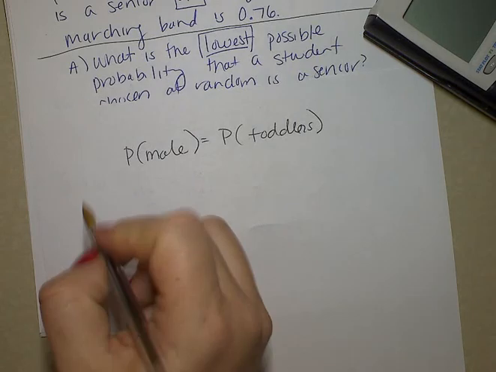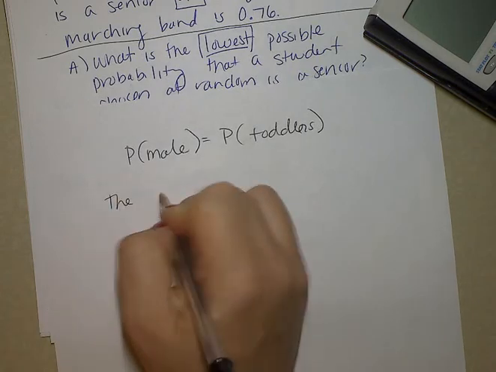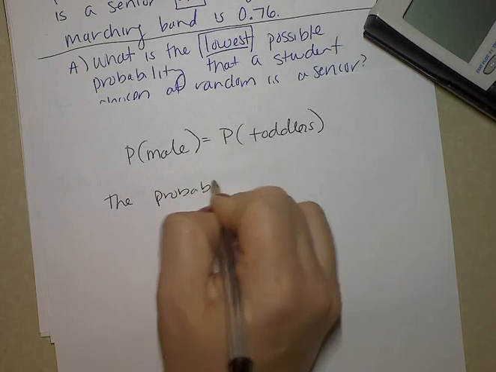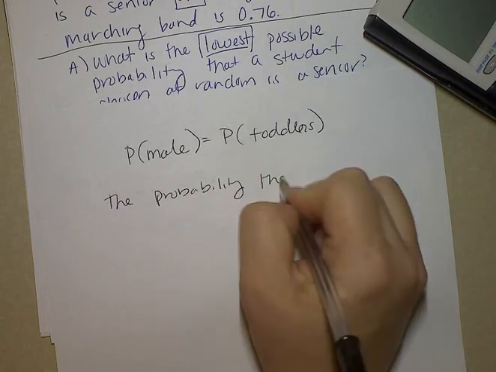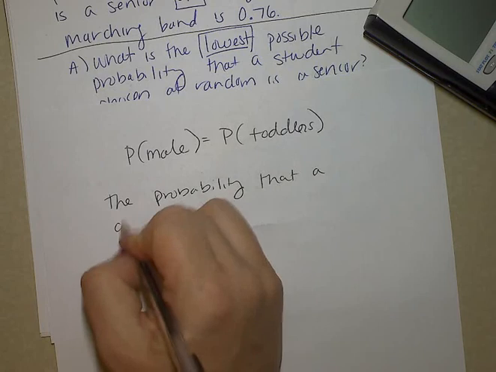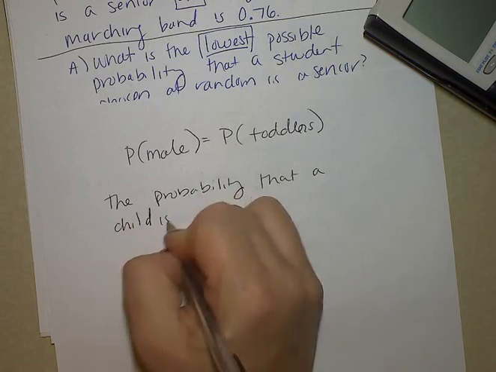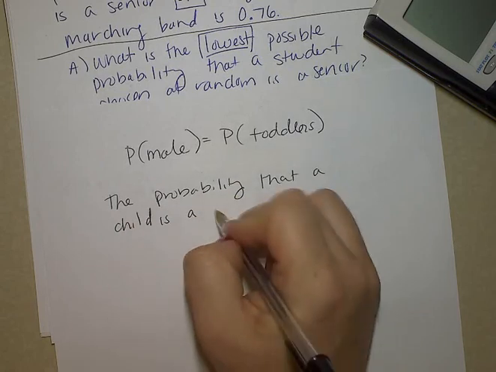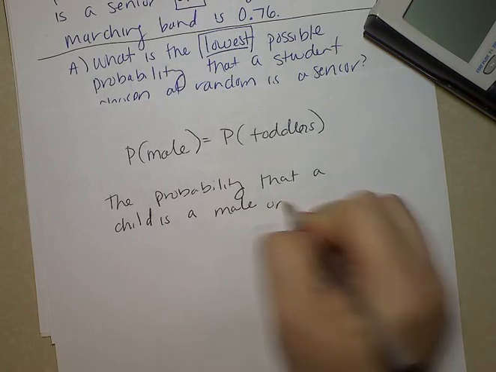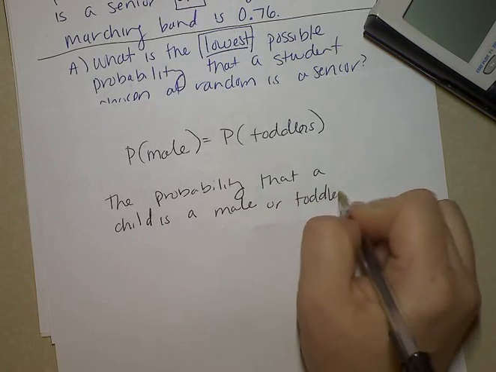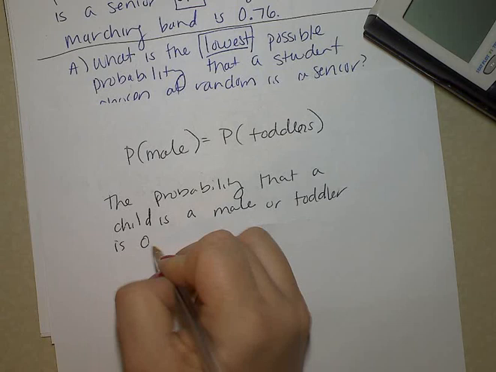We're also told the probability that a child is a male or a toddler is 0.20.